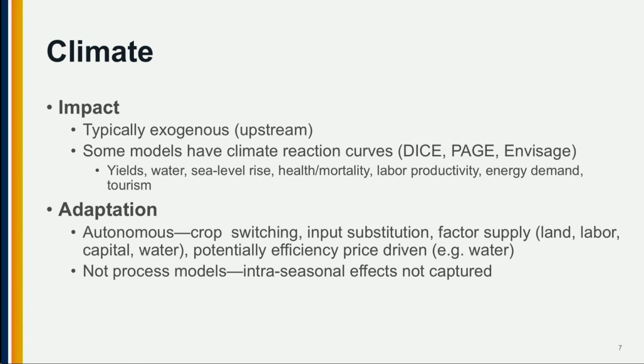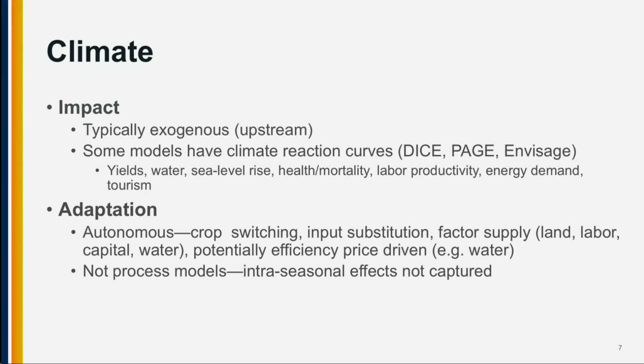On adaptation, most of the models have some degree of adaptation, so there's going to be crop switching and input substitution, but very few of them go much beyond that in terms of actual investments in, for example, irrigation or other adaptation mechanisms. Almost none of them have process models, so we completely ignore any intraseasonal effects that would be impacted by any kind of adaptation mechanism, such as changing dates of sowing and stuff like that.